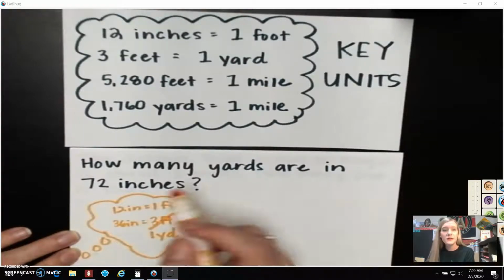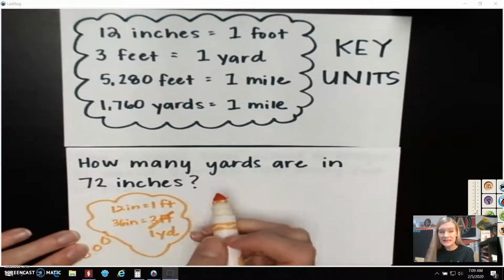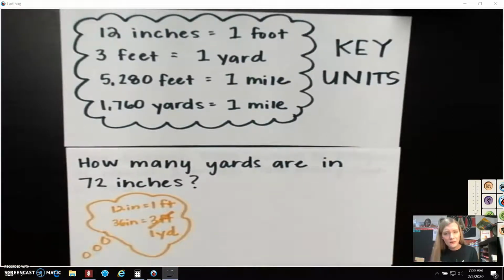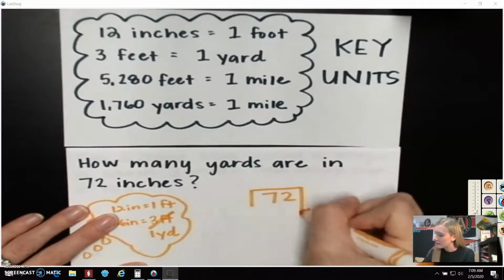So what I'm going to do here is I know that there are 72 total inches, and I need to split 72 inches up into equal groups of 36 inches, which definitely sounds like I'm going to divide. So I'm going to do 72 divided by 36.